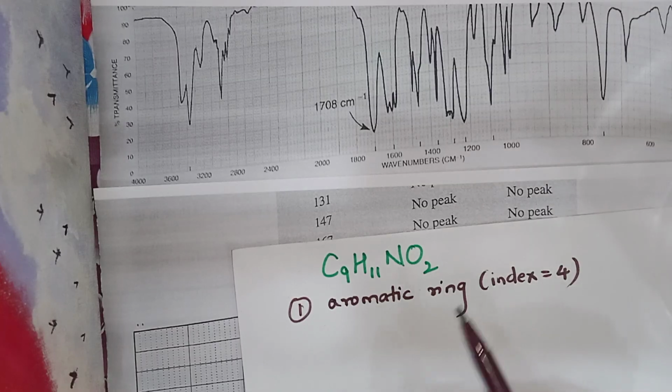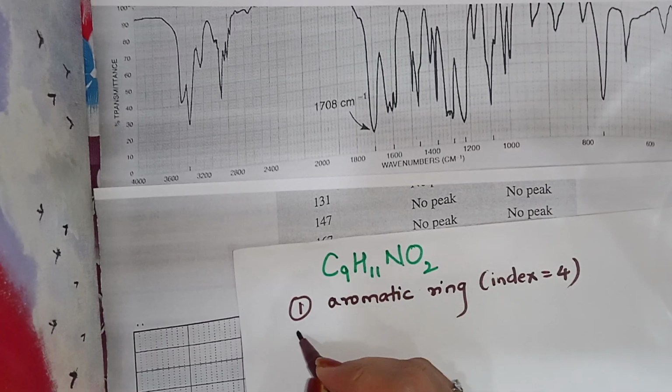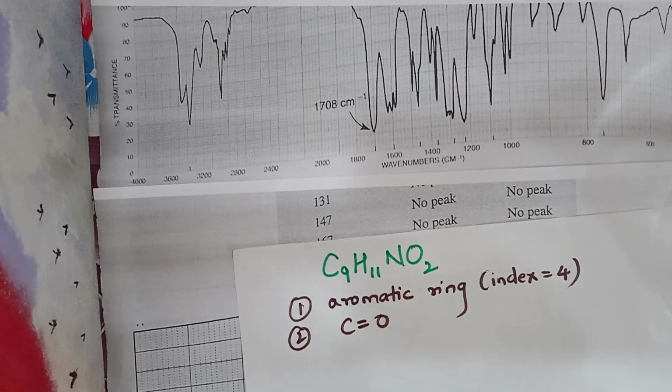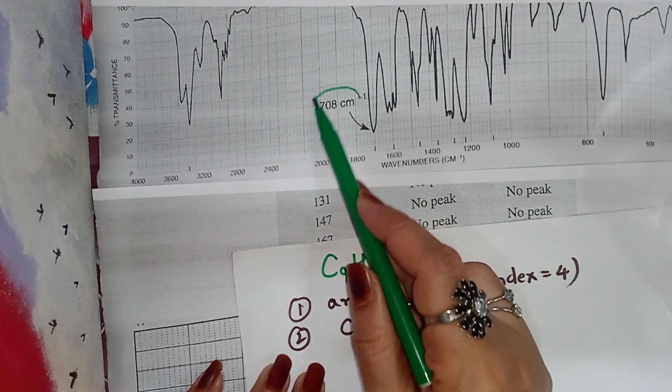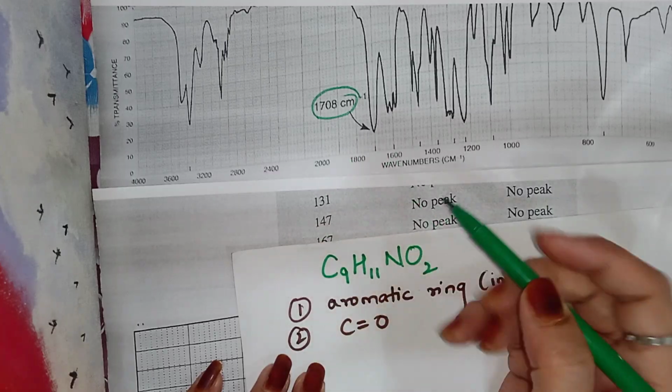And the remaining index of 1 is assigned to the carbonyl group, which is found at 1708 centimeter inverse.